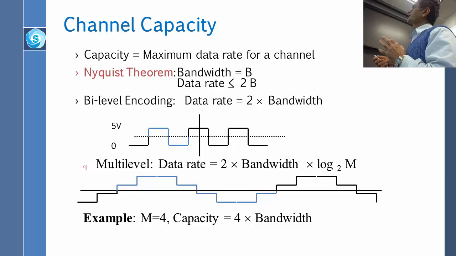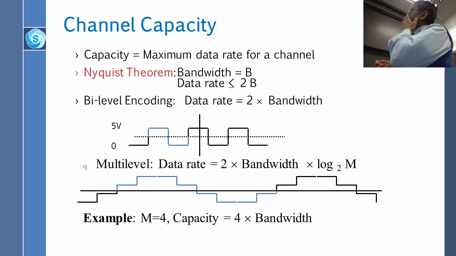So the bit rate is twice the baud rate, or half the baud rate, whatever. Here, this is 1 baud, this is another baud, 2 baud that make a bit in this coding. And this is another bit, and so on and so forth.